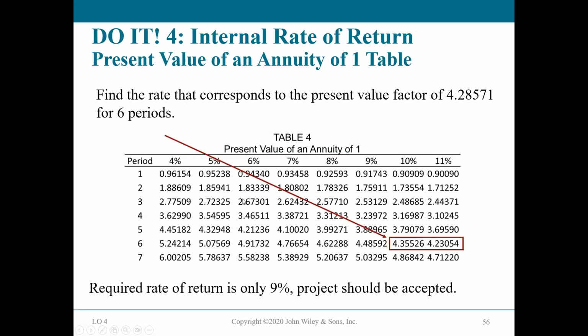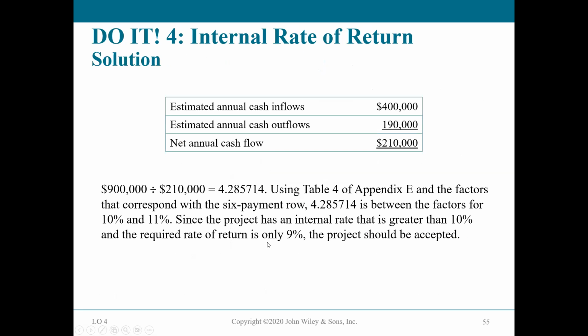So let's look at the present value table. We know it's 6 years, and we scroll across till we get 4.28, and it's somewhere between 10 and 11%, closer to 11 it looks like. The required rate of return was 9, and we're greater than 10, somewhere between 10 and 11. We should accept it.